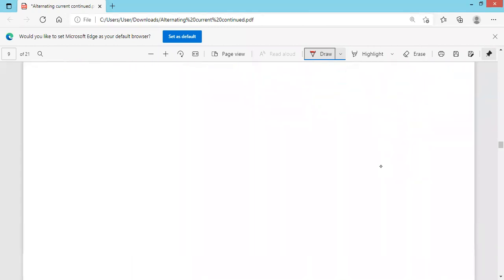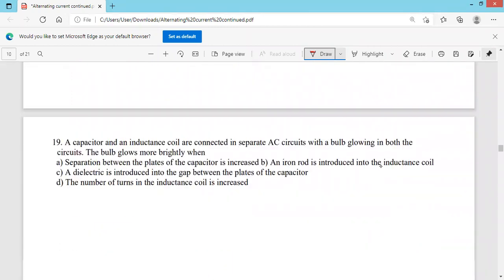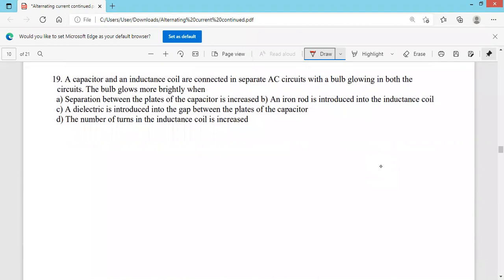Next one. 19.1. A capacitor and an inductor coil are connected in separate AC circuits with a bulb glowing in both circuits. The bulb glows brightly. So there are two circuits. One circuit consists of an inductor along with a bulb.